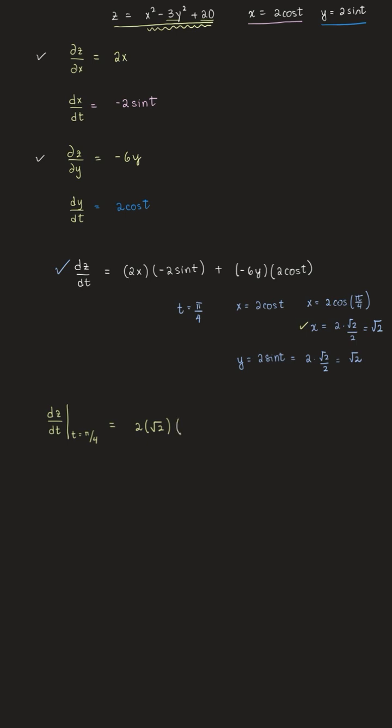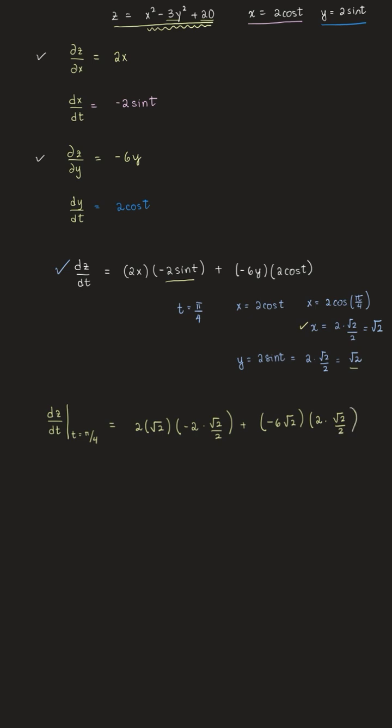Times negative 2 sine t, so that's going to be negative 2 sine of pi over 4, which is root 2 over 2. Then we have plus negative 6y. We know that y, when t is pi over 4, is square root of 2, so that's negative 6 root 2, times 2 times the cosine of pi over 4, or 2 times root 2 over 2.